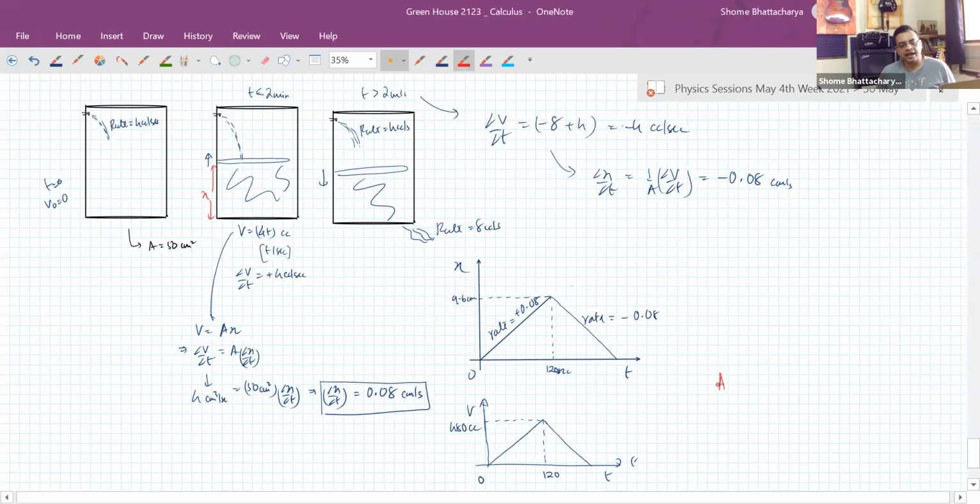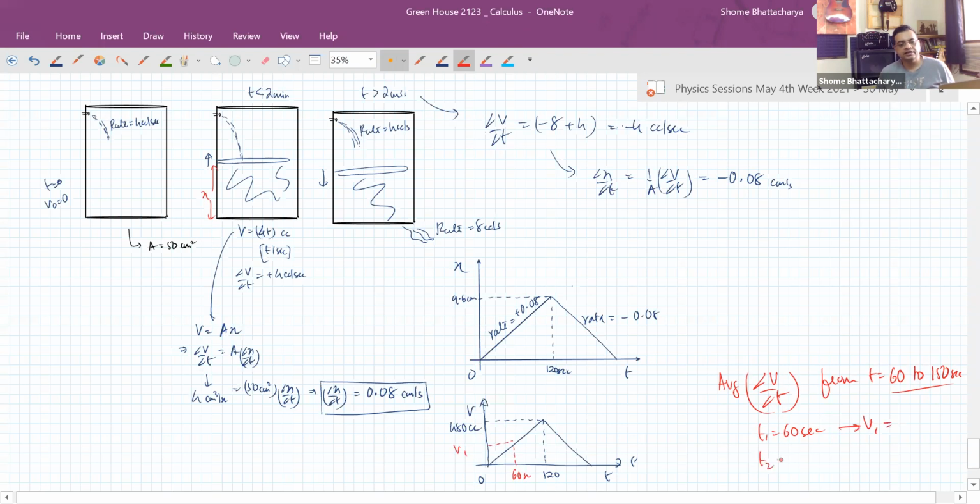We want to calculate the average rate of change of volume, delta V by delta t, from t equal to 60 to 150 seconds. So we can take t1 as 60 seconds. Okay, so that is somewhere over here. At that stage, the volume is some V1. We'll find out how much this V1 is.